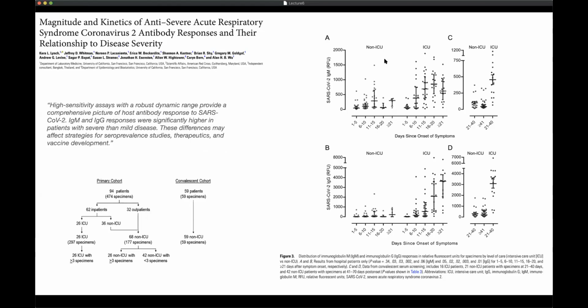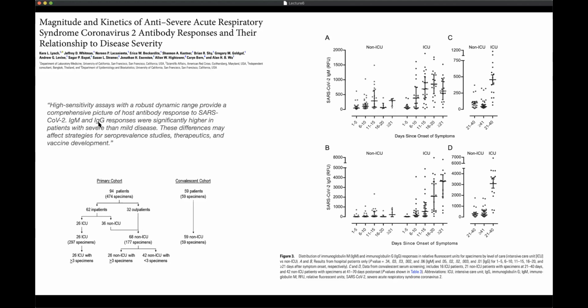So here's an example of a study that was cited in support of differences between levels of immunoglobulins between critical and subcritical cases. So here's the paper.